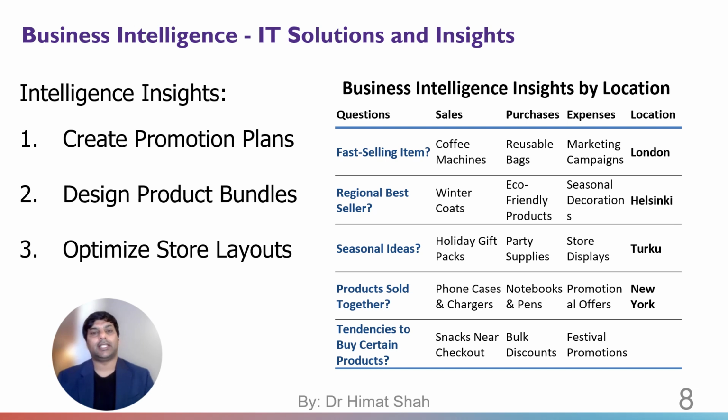For example, Helsinki is much colder than London, and New York has different trends and a different style of seasons, so they require different sorts of products. After that, they can optimize the store layout according to usage and location, and they decide based on these IT solutions called business intelligence reports.